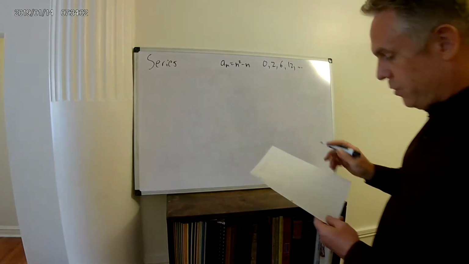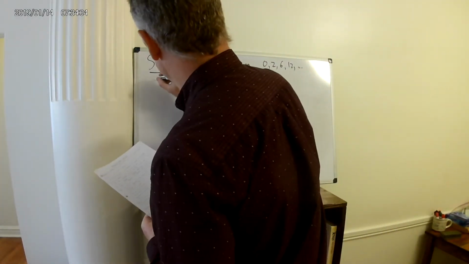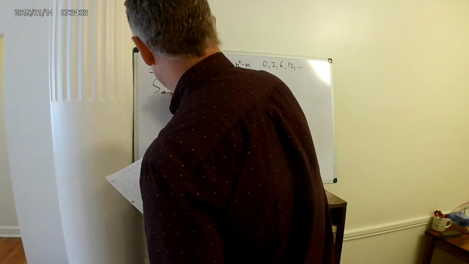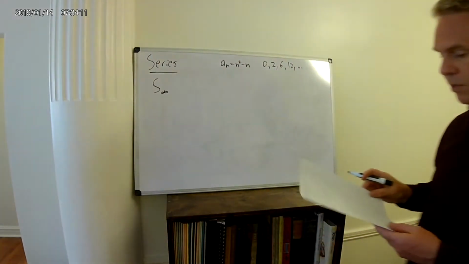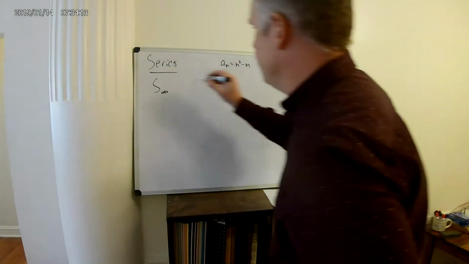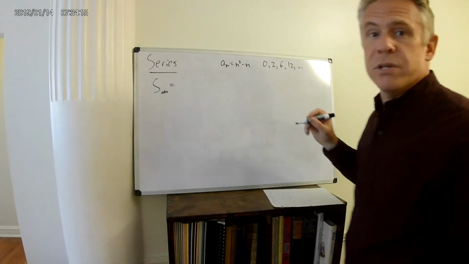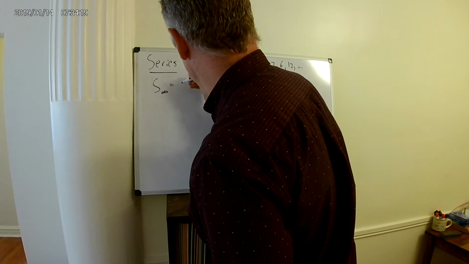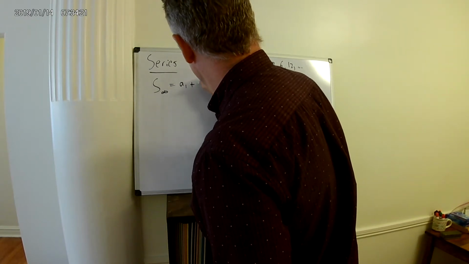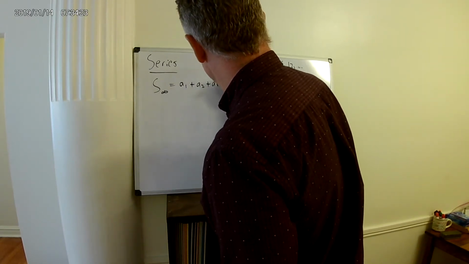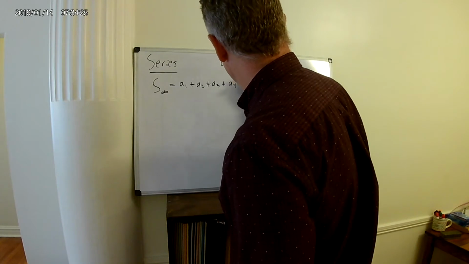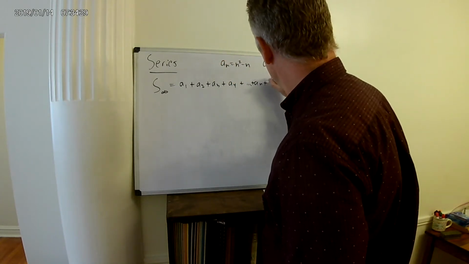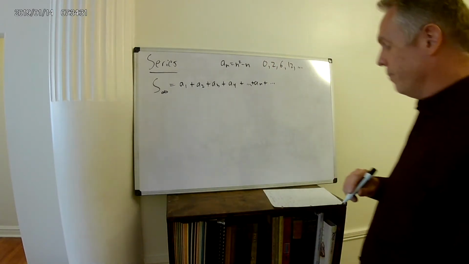Okay, let's talk about series. Series are usually indicated with an S with a subscript. And S sub infinity means the sum of all the terms of your sequence. So S sub infinity equals A1 plus A2 plus A3 plus A4 plus dot dot dot plus A_n plus dot dot dot out to infinity.